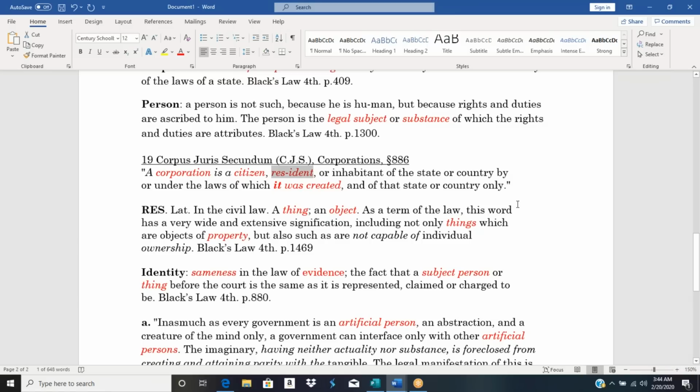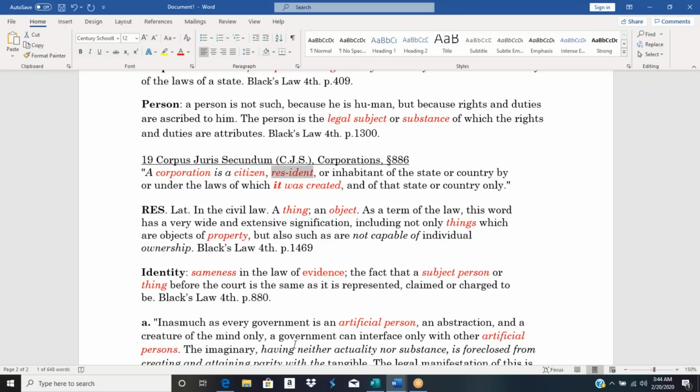As a term of the law, this word has a very wide and extensive signification, including not only things which are objects of property, but also such as are not capable of individual ownership. Okay, let's look at identity. Sameness. In the law of evidence, the fact that a subject, person, or thing before the court is the same as it is represented, claimed, or charged to be.